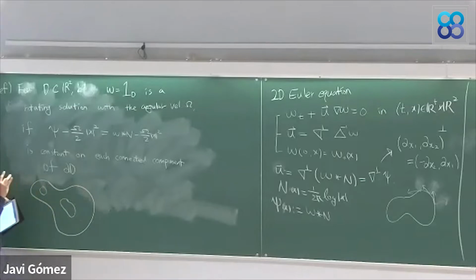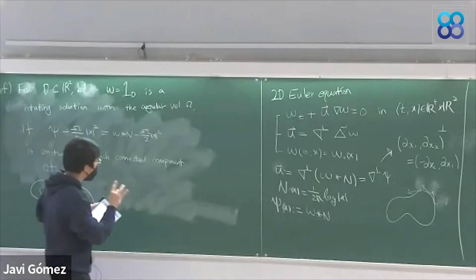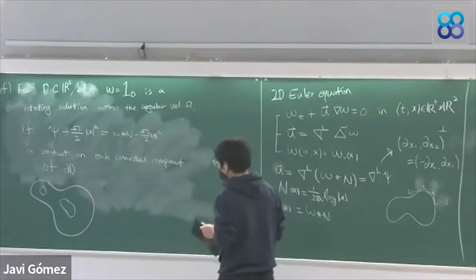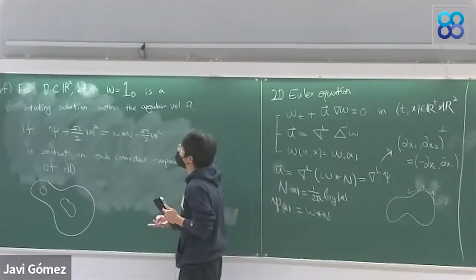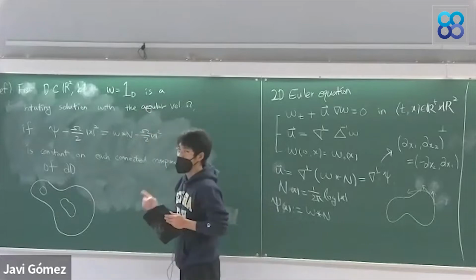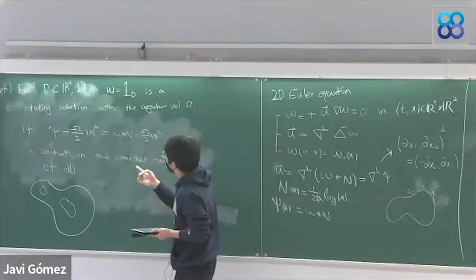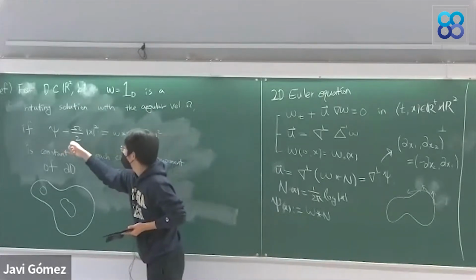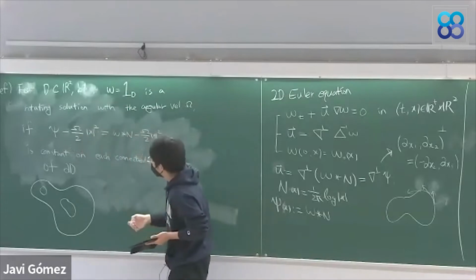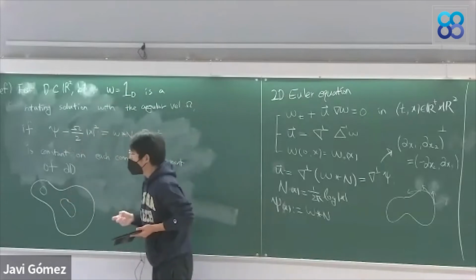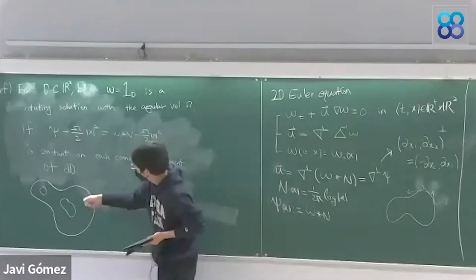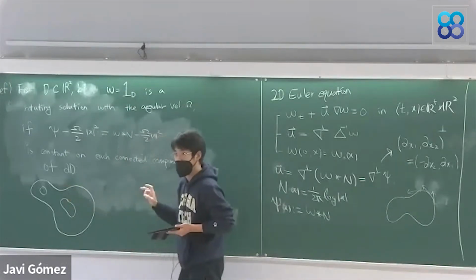Then we have three connected components of the boundary. So what we require for a solution to be rotating is that the stream function minus this quantity is constant on each of them. It has to be constant on the outer boundary and the two inner boundaries.